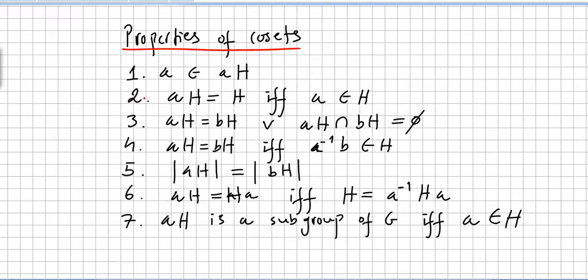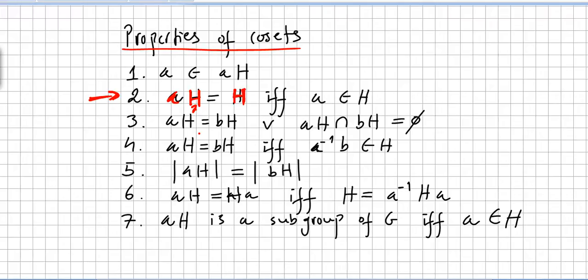This is very important because we are going to use this one. The left coset of H times A equals H if and only if A is in H. So if A is in H, the left coset will be H itself.